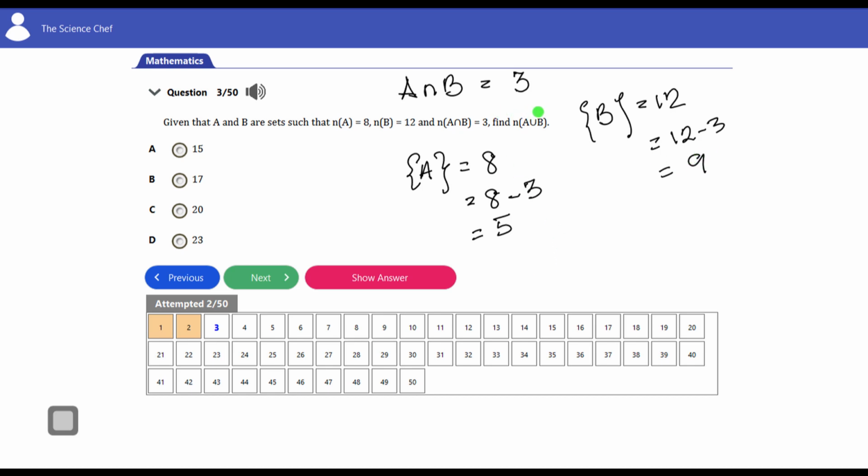So now, to get A union B, it is everything that is in both A and B, right?